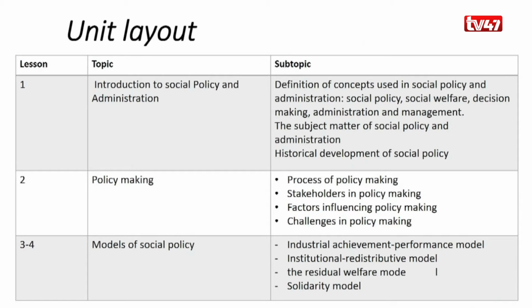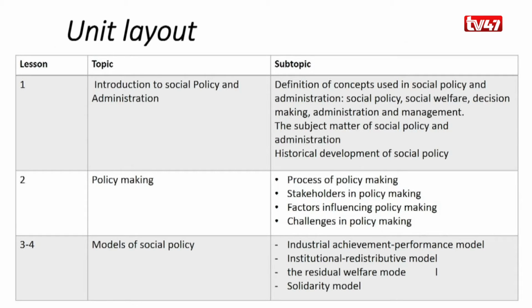So this unit will take you through the process of coming up with a policy. A policy, be it public policy, social policy, or development policy, especially public policies, has a standard process that it normally follows.